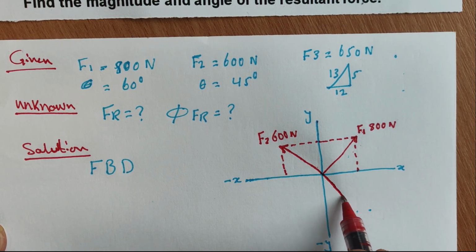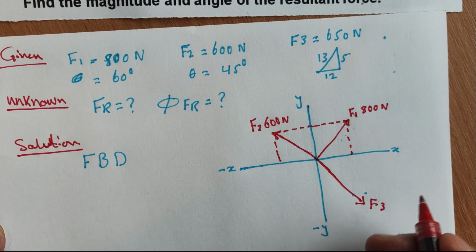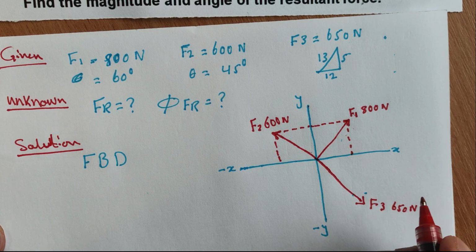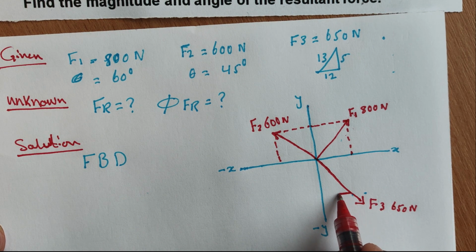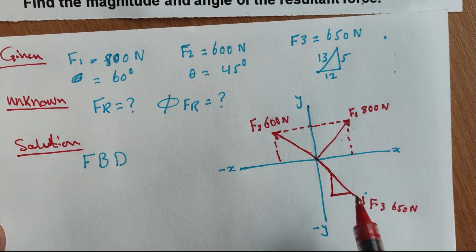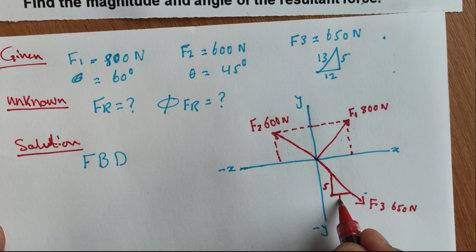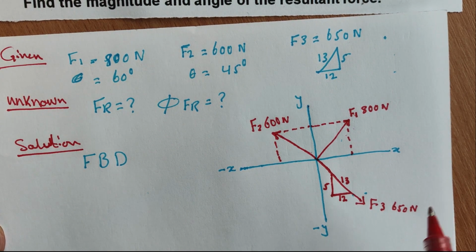Finally F3, in this case it's 650 Newton, and you don't need to resolve it into two rectangular components because it is given as a special triangle, 5, 12, 13.